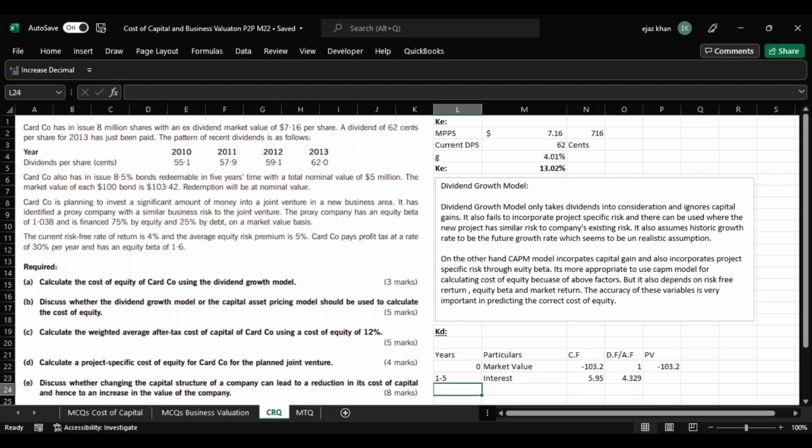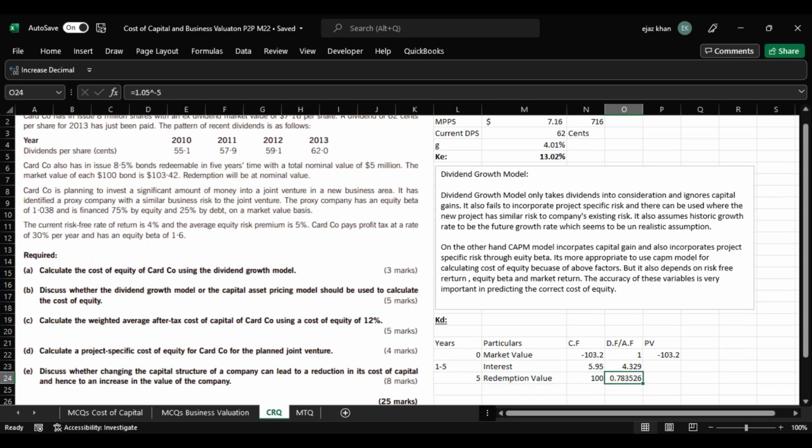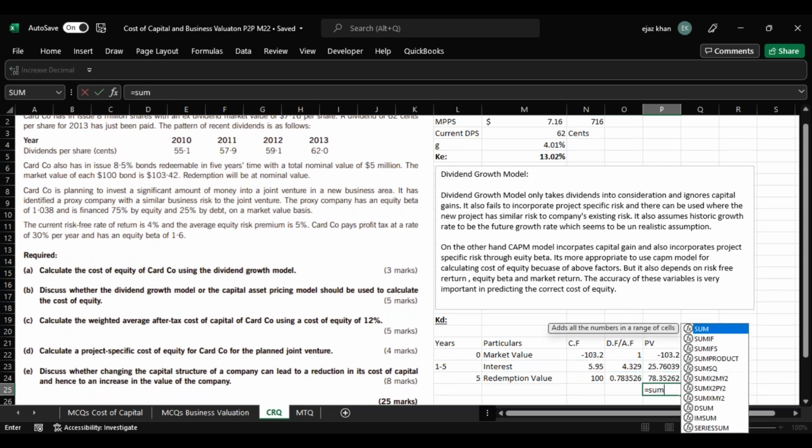And then after 5 years we'll be receiving the redemption value, which is going to be equal to the par value, which is $100. And here we have to use the discount factor 1.05 raised to the power minus 5. Let's find out the present values and the net present value.